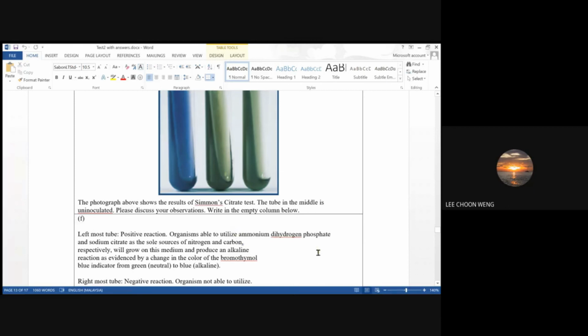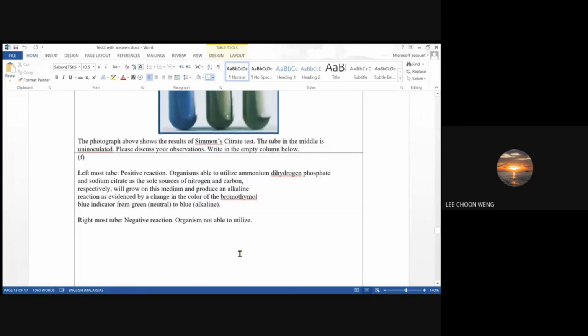So in order for the organism to use the citrate, they also have to break down the ammonium dihydrogen phosphate. So when it does this, the pH of the media changes into alkaline, and it changes from green to bluish.